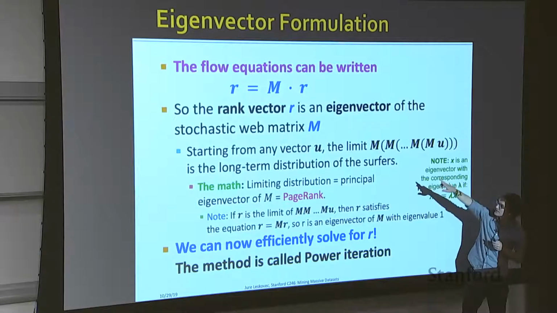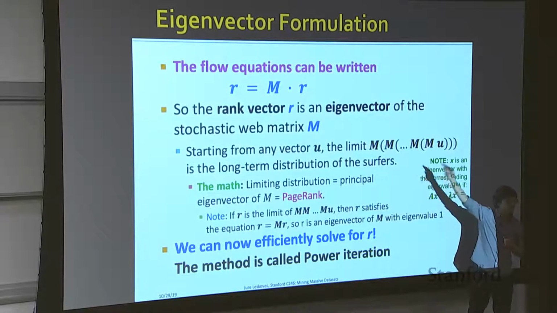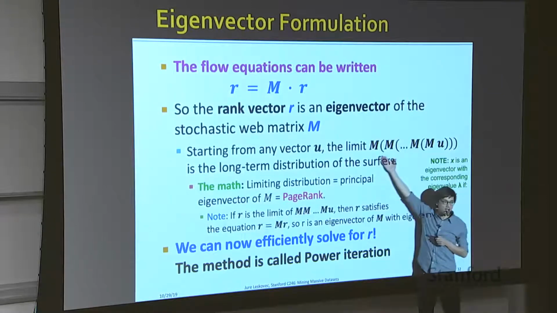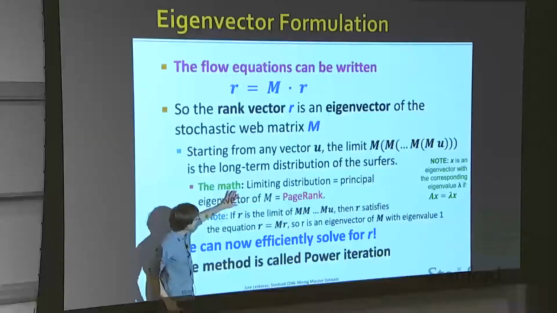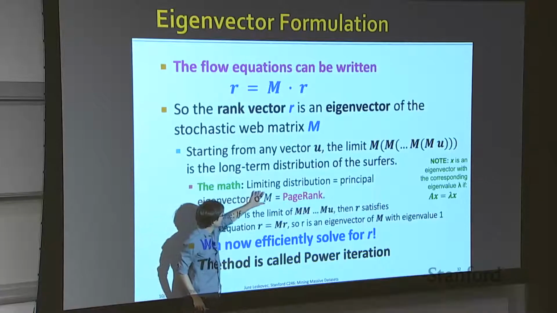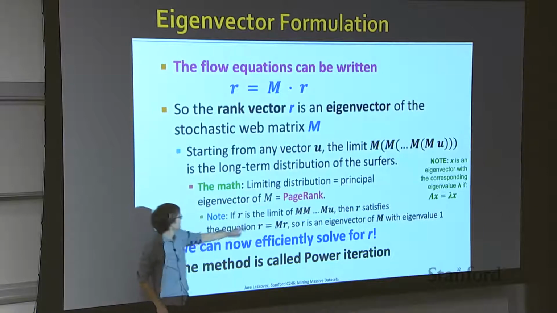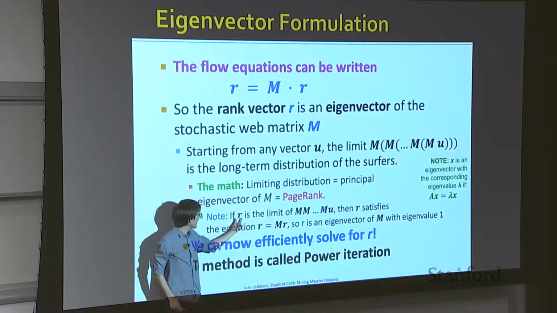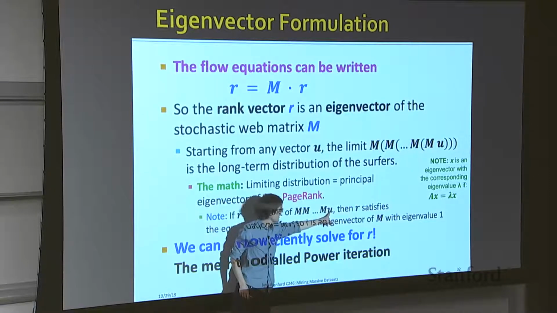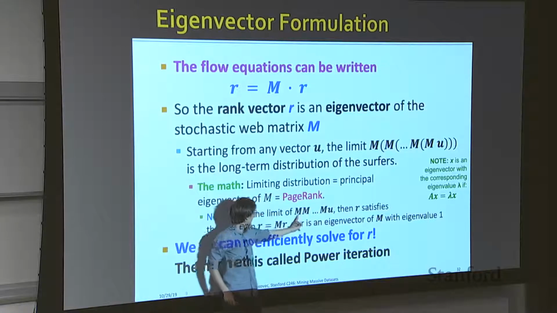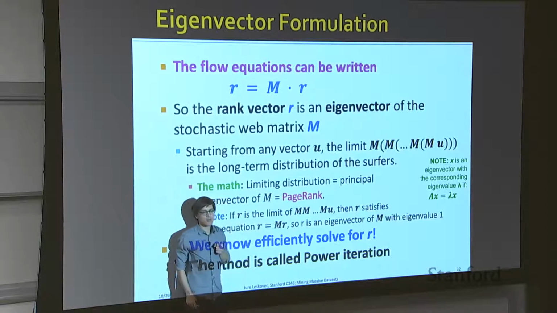So if I take that r equals M times r and unroll that for loop, this is what I get. This means that the vector r, its limiting distribution, is the principal eigenvector of matrix M, which is this PageRank. So r is the limit of taking some vector u and multiplying it with M long enough, and I will end up with some stationary vector r.